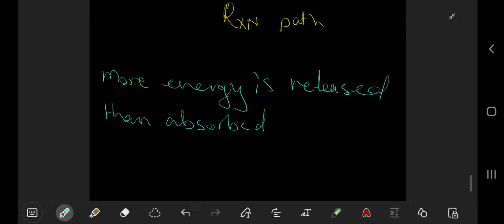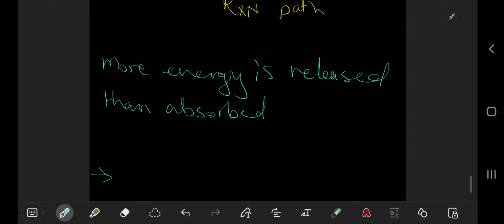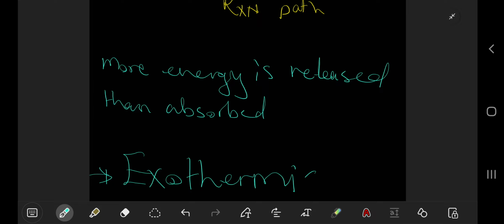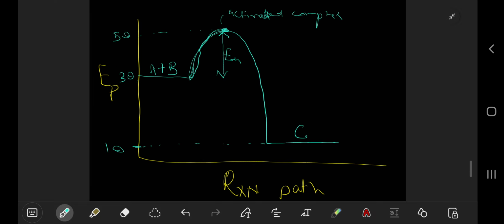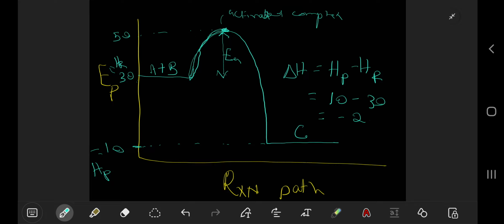So now if you have this kind of situation, then the type of reaction is exothermic. If you calculate the difference between the heat of the products, which is this value, and the heat of the reactants, which is this value of 30, the heat of the products minus the heat of the reactants, 10 minus 30, you are getting minus 20.